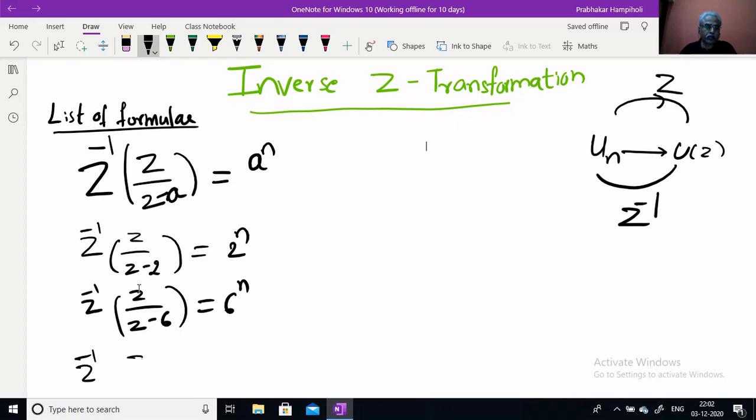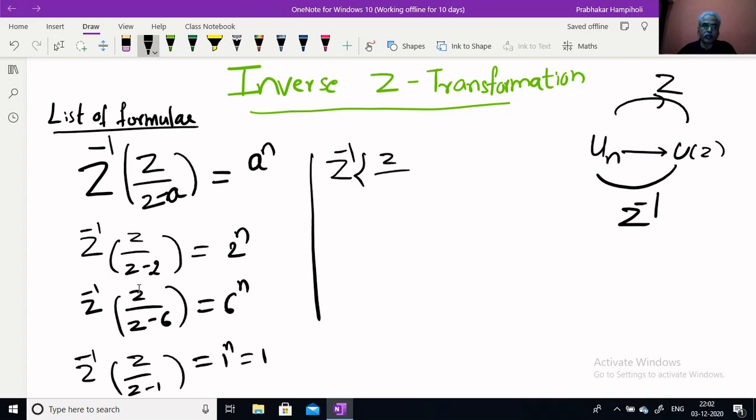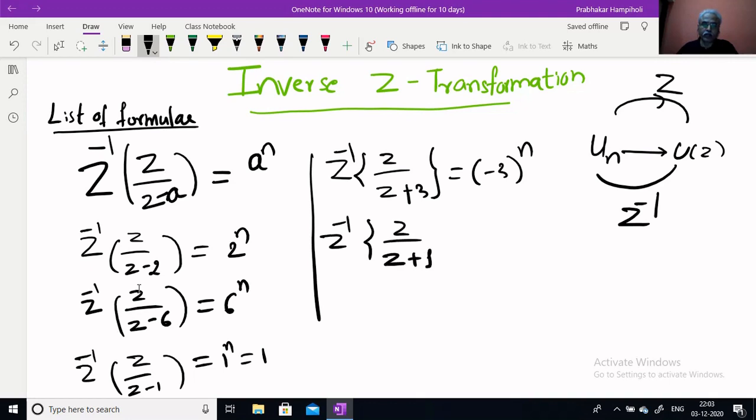Z inverse of Z by Z minus 1 is 1 raised to n or 1. Z inverse of Z by Z plus 3 becomes, instead of plus 3 raised to n, minus 3 raised to n, and so on and so forth. Z inverse of Z by Z plus 1 is minus of 1 raised to n.